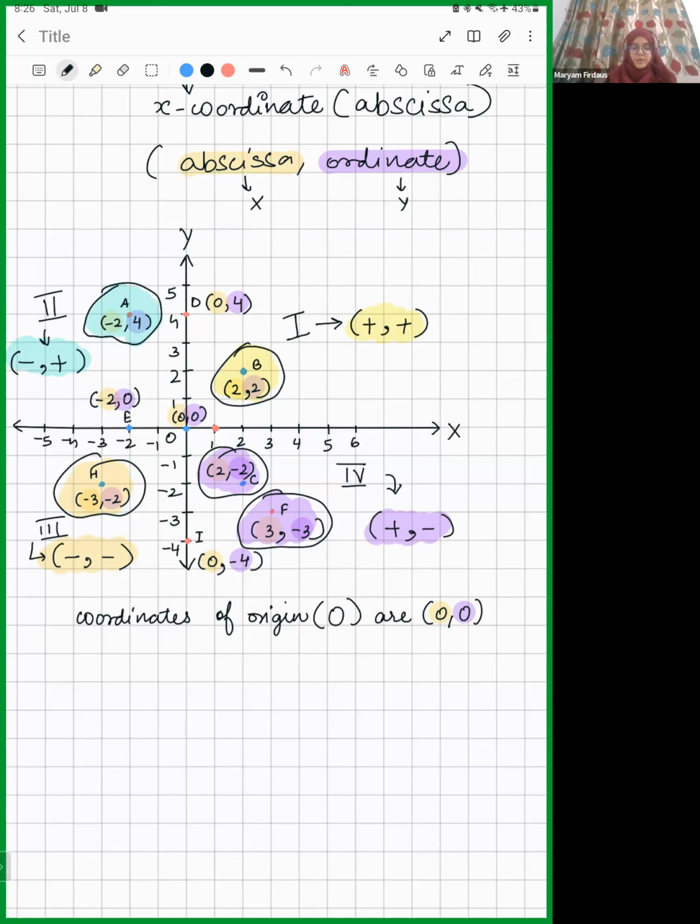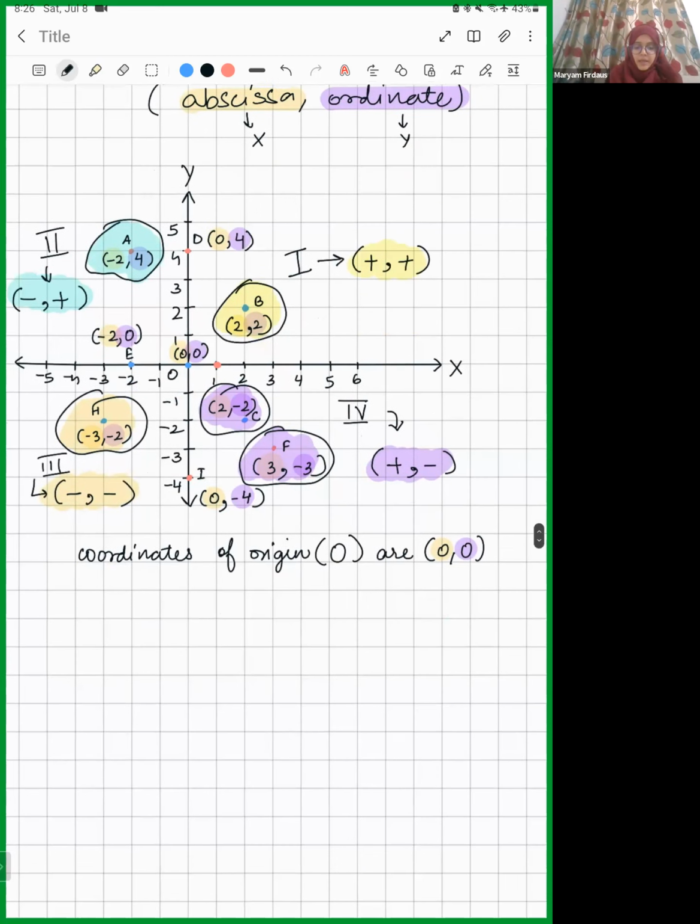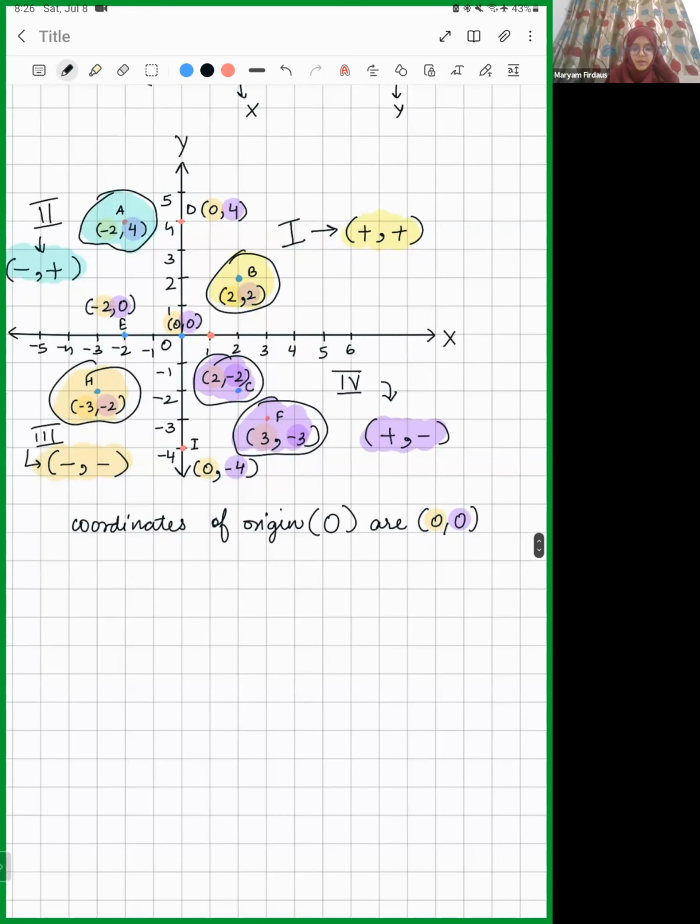Acha, one more thing before I move forward. Just a minute, I didn't mark this point or what? We had this point also, we didn't talk about this point. Can someone tell me about this point?